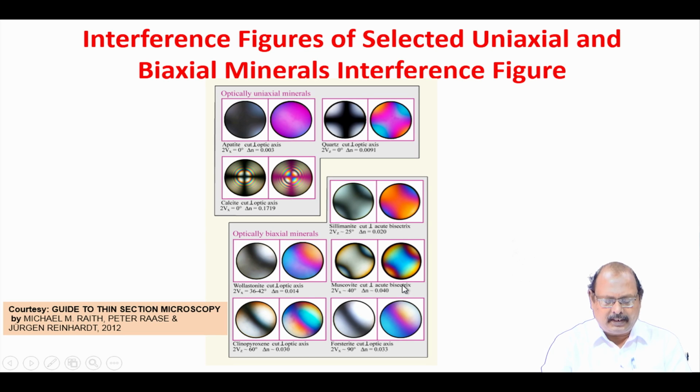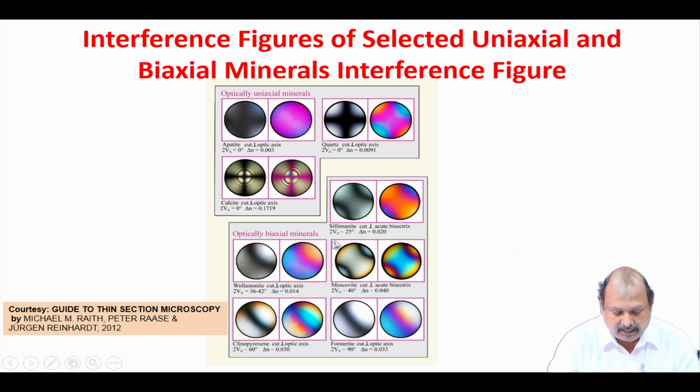Now, if you see this particular mineral here, that is sillimanite, here the 2V is very low, 25 degrees, and that is why you have a very large curvature. Although this is an acute bisectrix interference figure here, we can see the curvature.